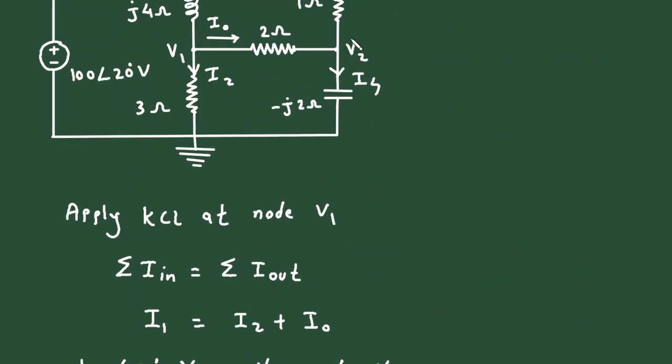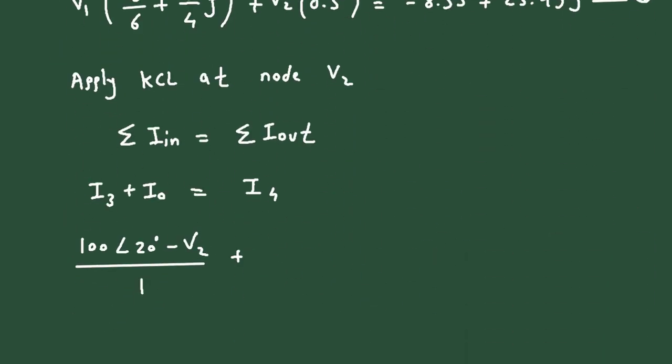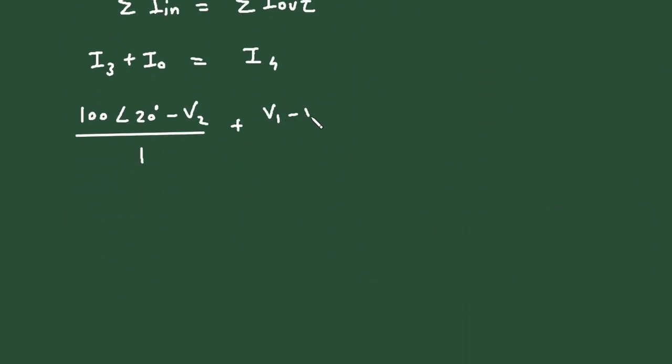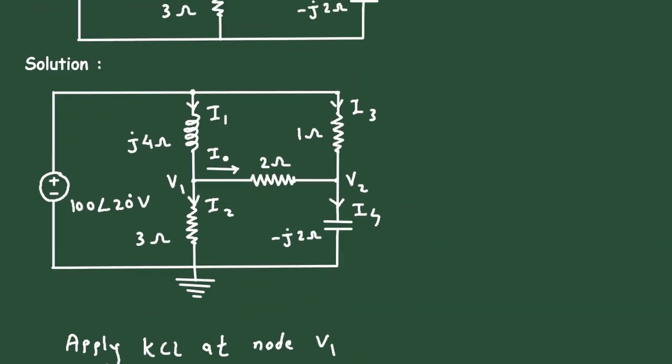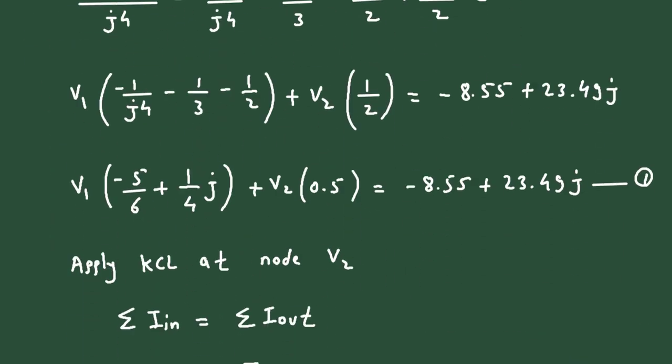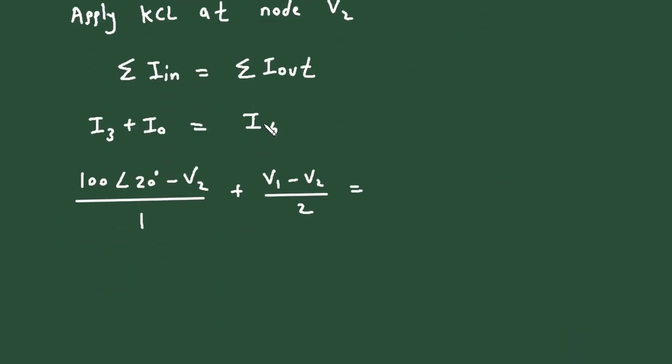So Io is V1 minus V2 divided by 2. Then is equal to I4.